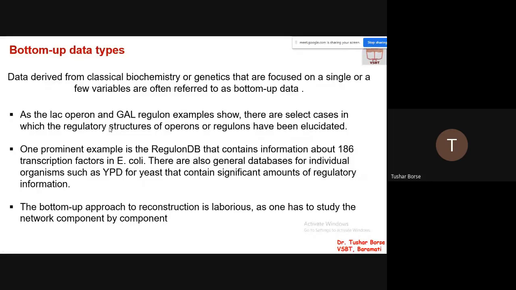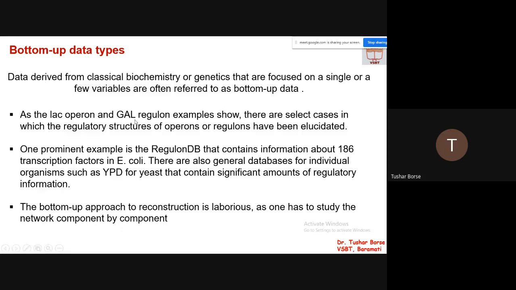You have the condition where glucose is present, you have a condition where lactose is present. So you have these two different states of the organism. So you have the component data, you have the interaction data, you have the network data. If you have all those three types of data, so that is called what?